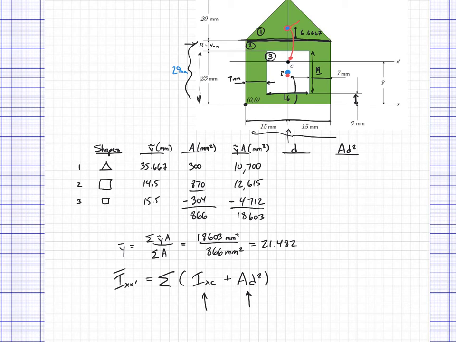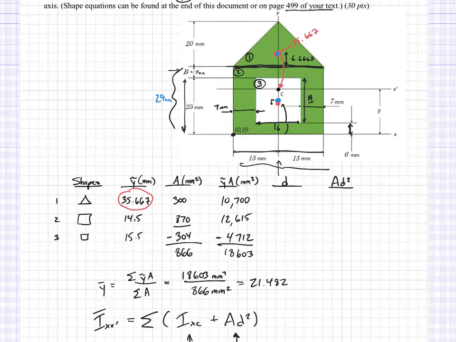Well, this thing was at a position 35.667, and the global centroid was at location y equals 21.482. So the distance between them is the difference. We're just going to subtract those two, right?